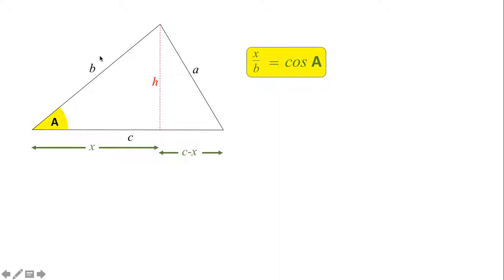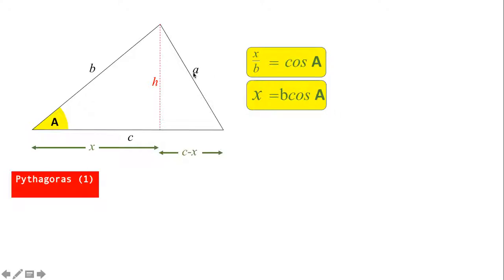So x over b is cos A, just by the definition of cos. I'm going to multiply both sides by b to get x equal to b cos A. So this length of the base of the left-hand side right-angled triangle, x, is also equal to b cos A. I'm going to use that later.